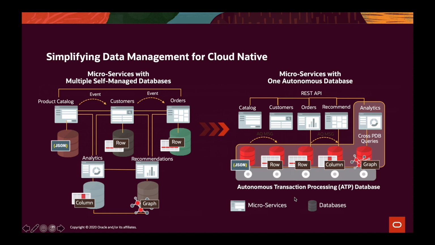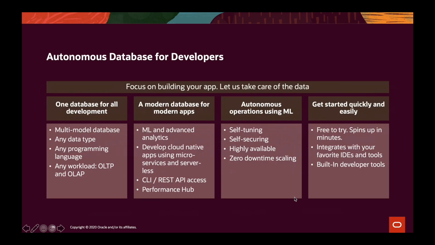Each pluggable database can store different data types as per microservices needs like JSON, relational, graph, document, etc. With this architecture, you don't end up with dozens of different databases requiring different skill sets to manage and operate them.